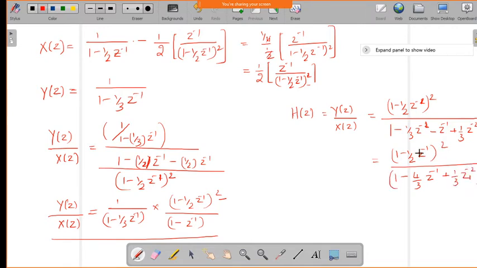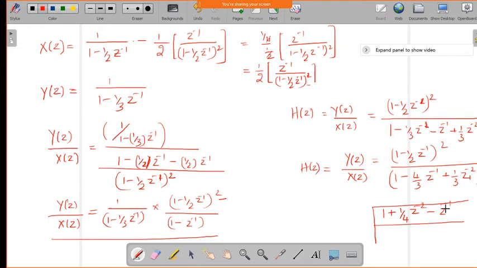So now we can divide the numerator by this one, and you will get some constant along with the lower version. So by using the long division method, you can find out the H of n. Okay, so use the long division method, that is if you expand this one, you will get 1 plus 1 by 4 Z power minus 2 minus Z power minus 1 in the numerator.